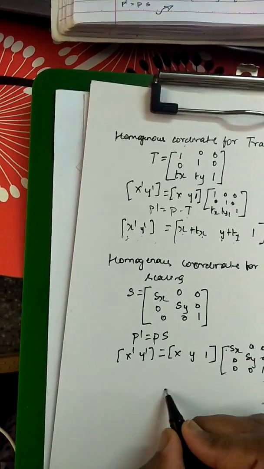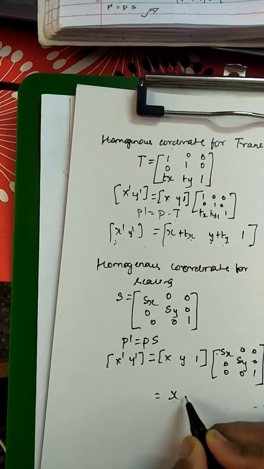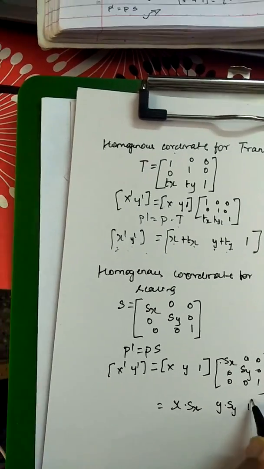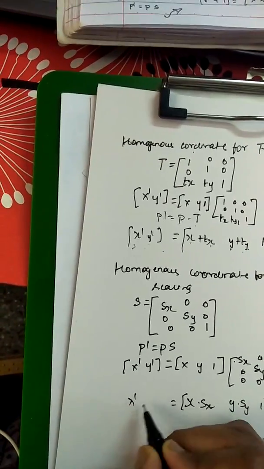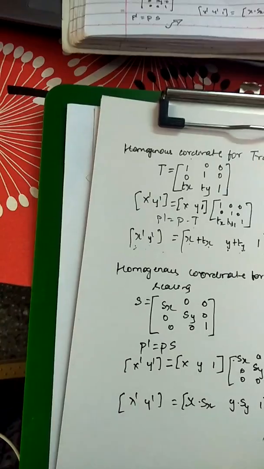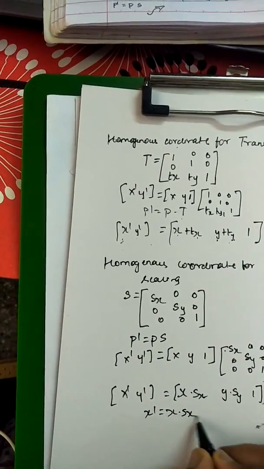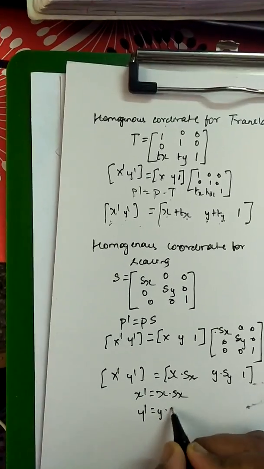Multiply and see. So this is X into Sx, Y into Sy and 1. This is what you get. So the X dash will be X into Sx, Y dash will be Y into Sy.